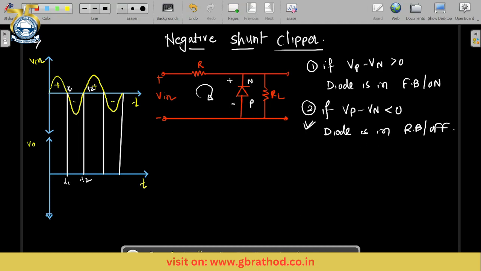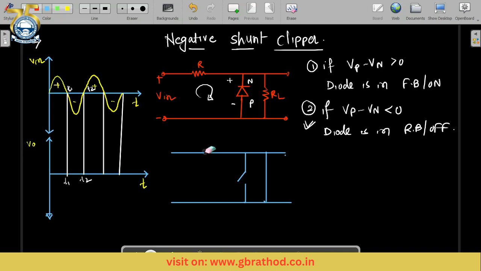So if you draw that circuit, the diode is open circuited. Let me draw that. The diode is open circuited, or you can say it is in reverse bias, so the switch is off.